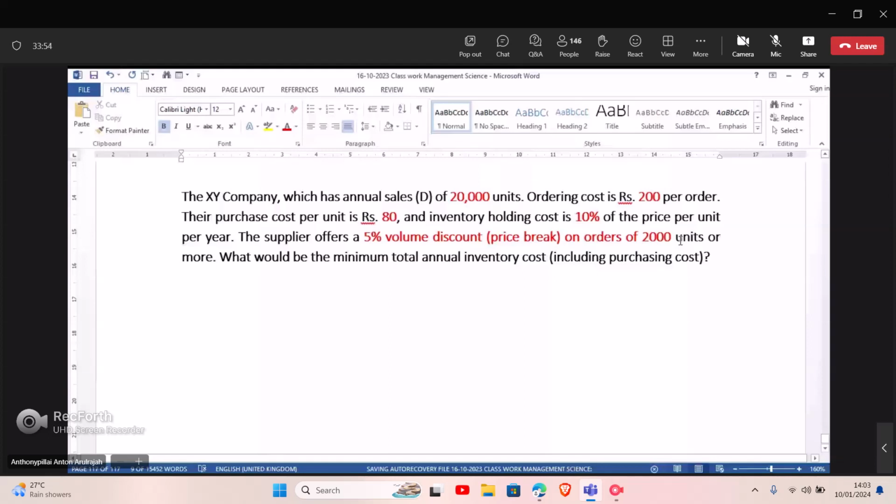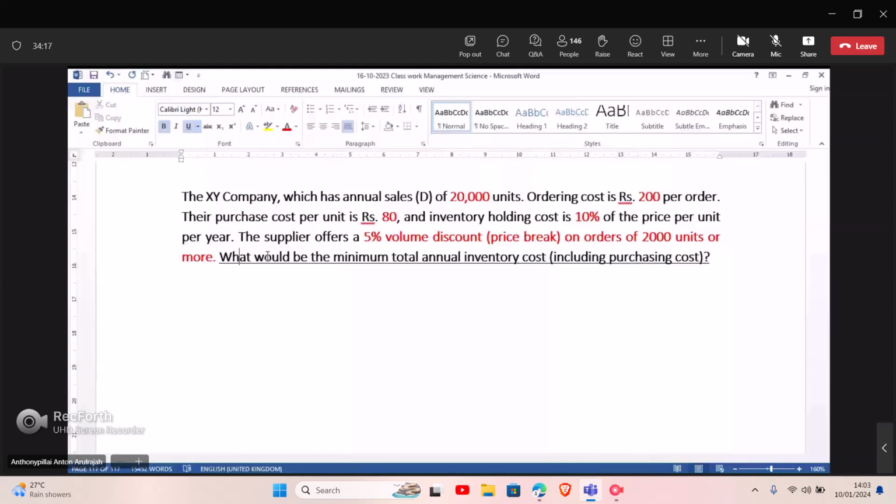Now the question is, what would be the minimum total inventory cost? So here you have to calculate without discount and with discount. Two scenarios you have to calculate.